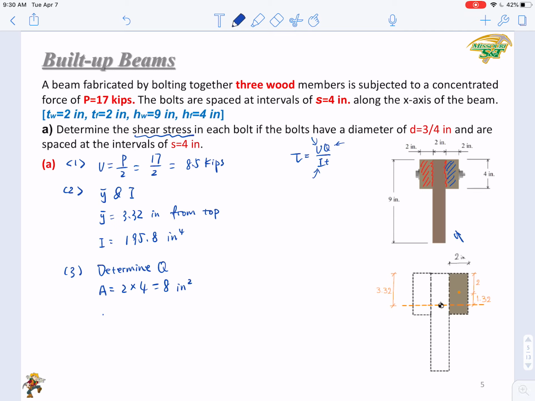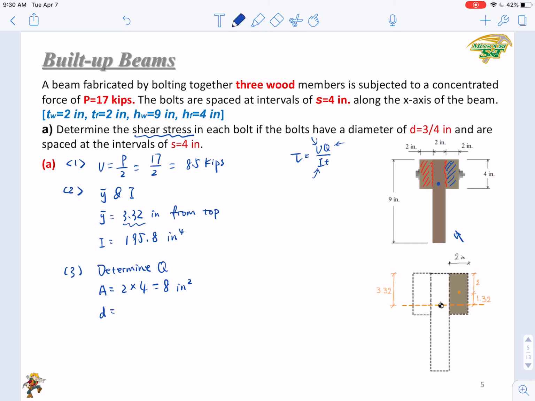Then we need to calculate D. So what is the D value? D in this case, you have the global centroid, that is 3.32 as shown here, 3.32 inch from top.